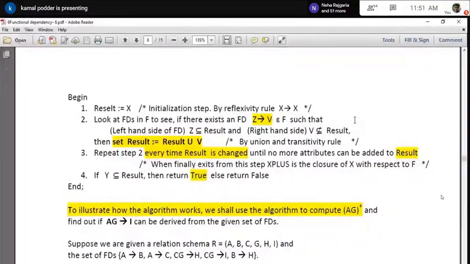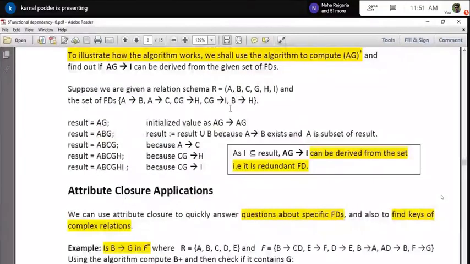But here, when you come to consider this, B is already there, it is a subset of this, and H is also a subset, the right hand side is also a subset, so I cannot consider this one. Okay, and not only that, even if there were more FDs after this, I need not consider them, because I have already achieved my result. I have already seen that this particular closure contains all the attributes. What other attributes are there in the relation? These are the only attributes, there is nothing else.